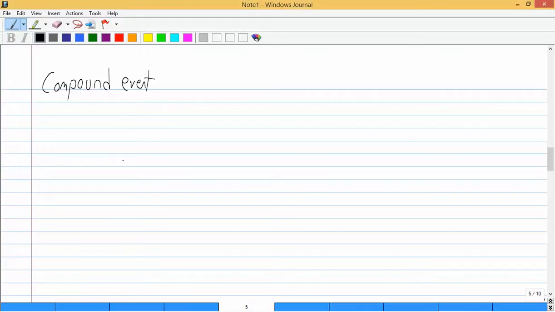So say you have some event that happens here. Let's call that event A. And then you have another event that happens here, event B. Now, the way this is drawn, event A and event B do not have anything in common.